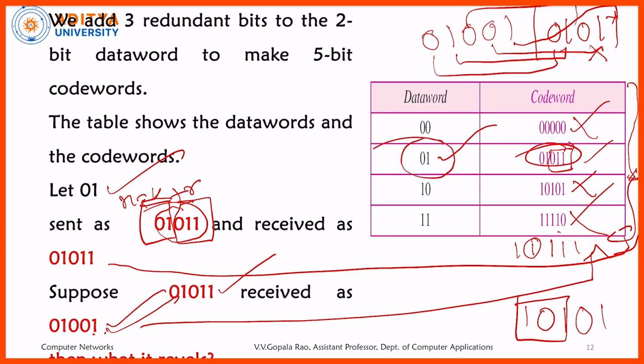So that is why, in this process of block coding, with the data word and the code word, there is a chance of identifying the error that occurred, and in some cases you can correct the data and correctly recover the data word.